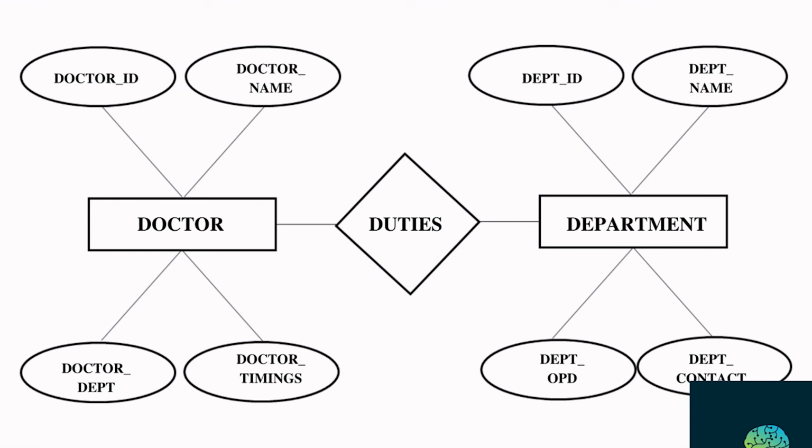So the entities doctor and department are represented in the rectangle, and the relationship between doctor and department is duties, and that is represented by a diamond. The attributes for both the entities are represented in the ellipses, and the lines show the relationship between the different entities and their attributes.